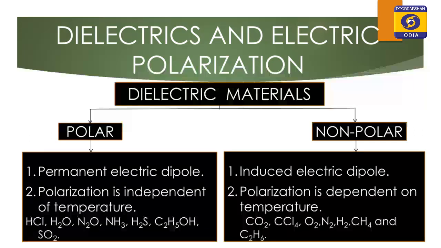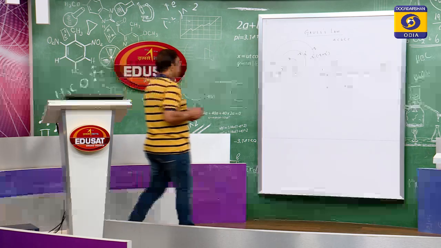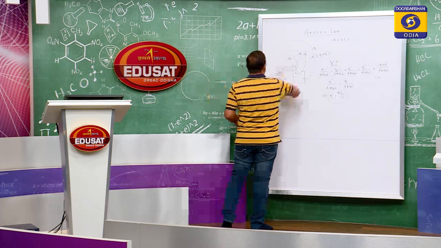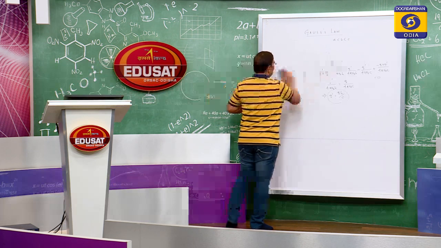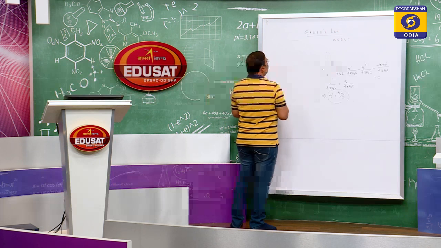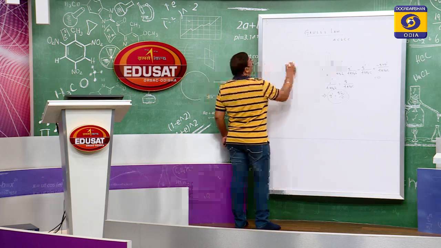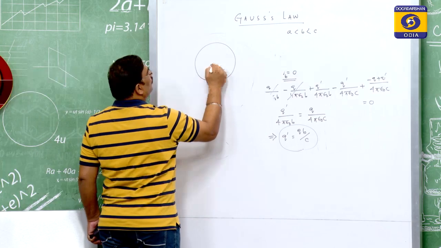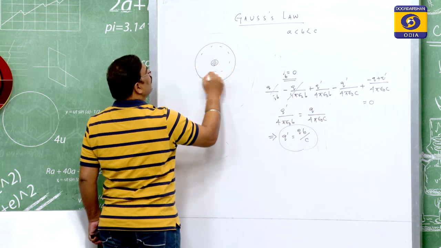But whether it is a polar molecule or a non-polar molecule, if an electric field is applied, the polar molecules are ready to align themselves in the direction of the electric field. But for a non-polar molecule, what happens is, when we apply an electric field, this is my nucleus and this is my electron cloud.